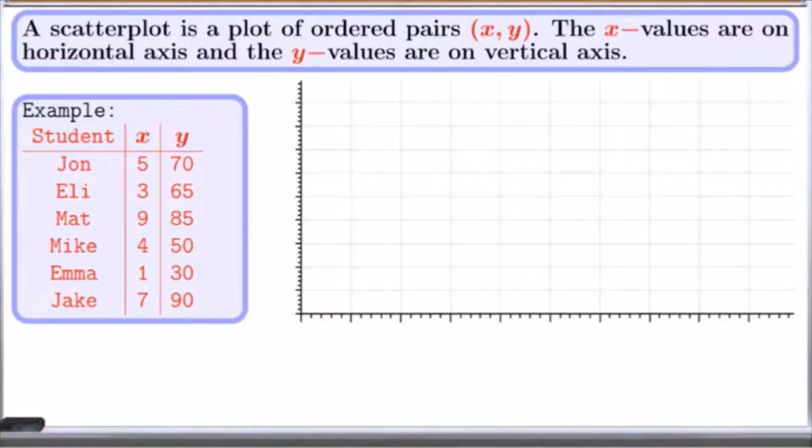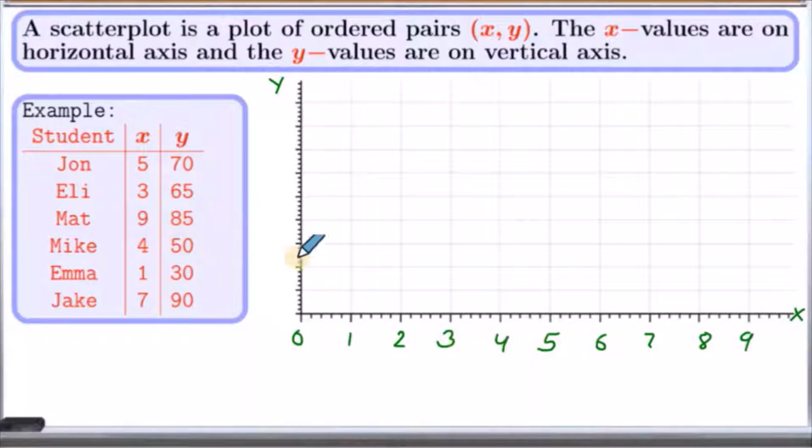Now, let's define the scatterplot. A scatterplot is a plot of ordered pairs. The x values are on horizontal axis and the y values are on vertical axis. So basically, on the horizontal axis, we put x values, and on the vertical axis, we put y values. So my x values are 1, 2, 3, 4, 5, 6, 7, 8, 9.